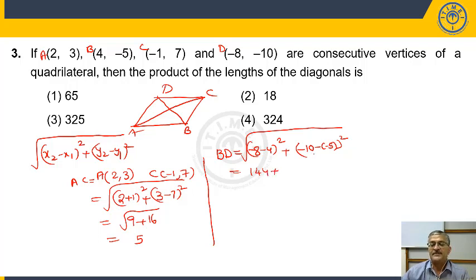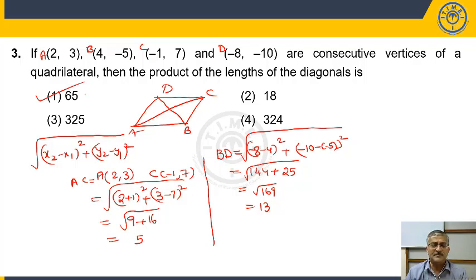So minus 10 plus 5 is minus 5 whole square, that is 25. So this value is root 169, which is 13. So AC length is 5, diagonal BD length is 13. The product of the diagonals, so 5 into 13, that is 65. So first one is the correct answer.